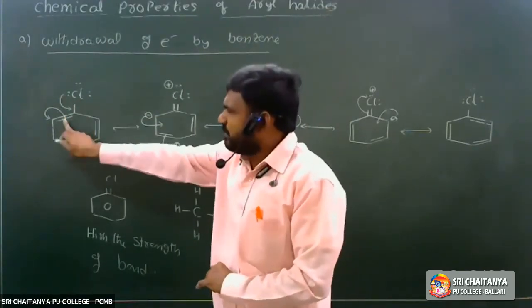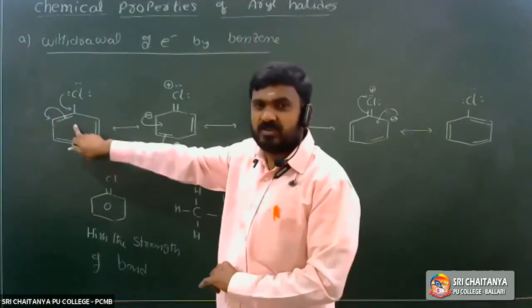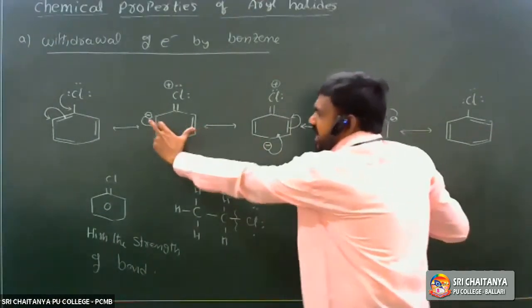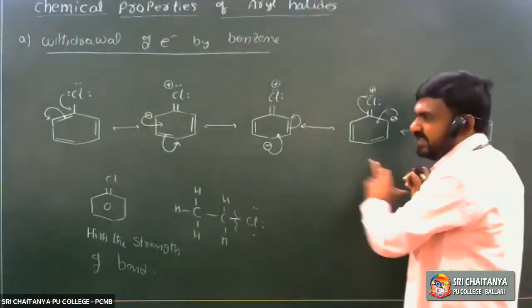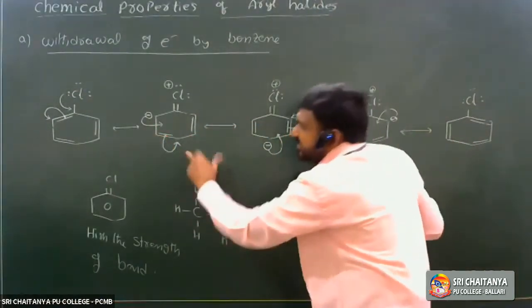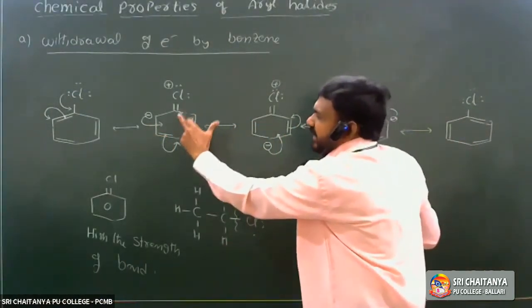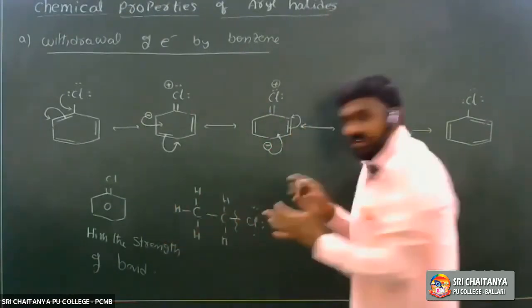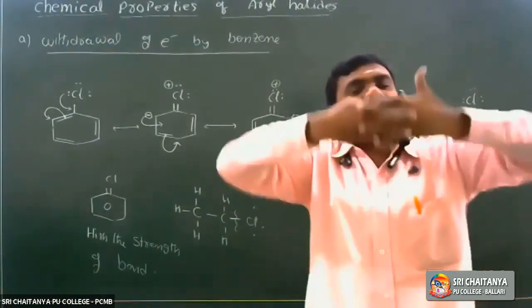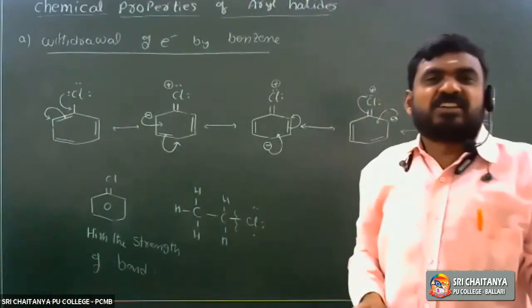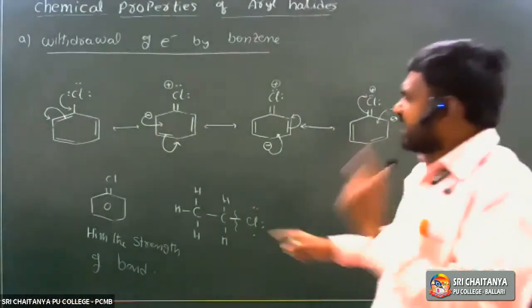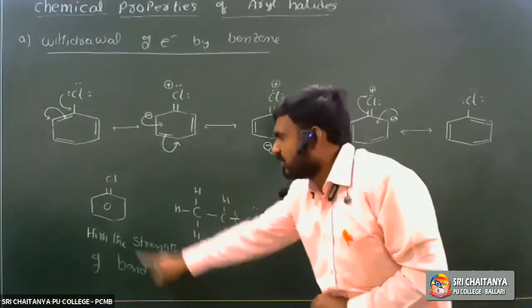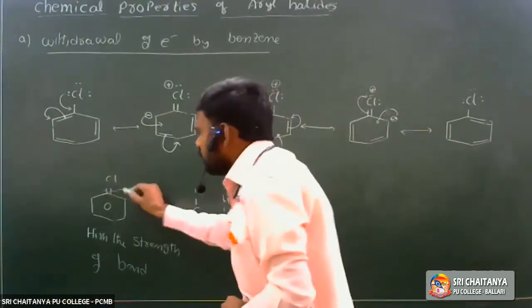In these resonance structures, the carbocation formed is stabilized by resonance, and carbon and halogen have a partial double bond nature. As the number of bonds increases, bond length decreases and bond energy increases. As bond energy increases, stability increases, so reactivity decreases. As the strength of the bond increases, it is difficult to break.